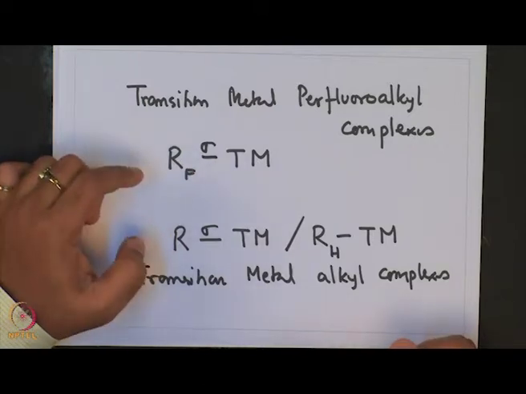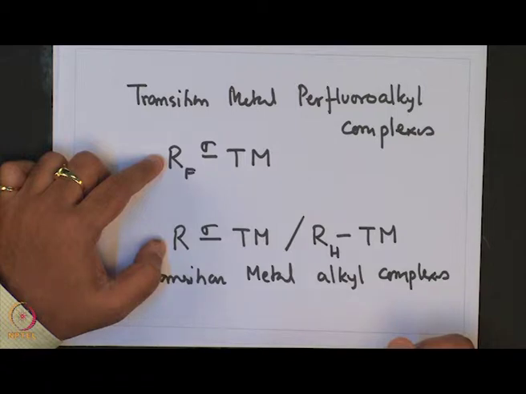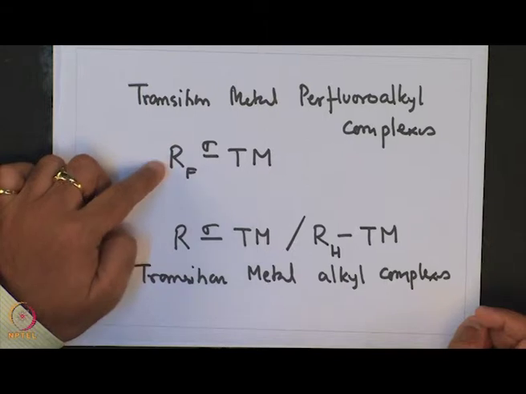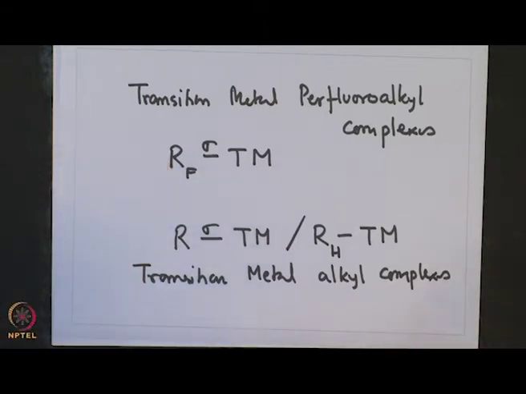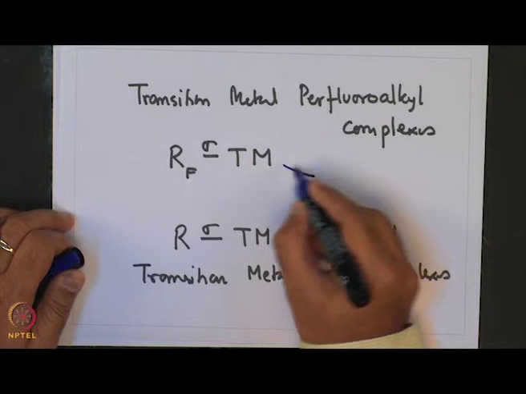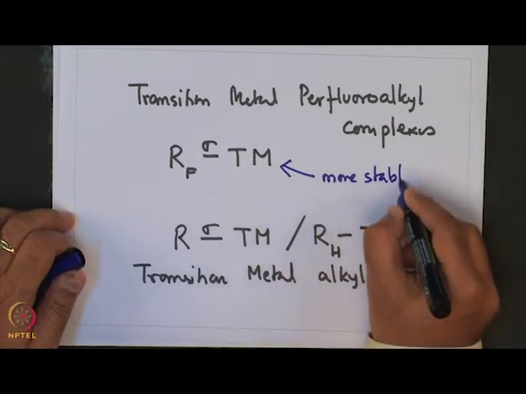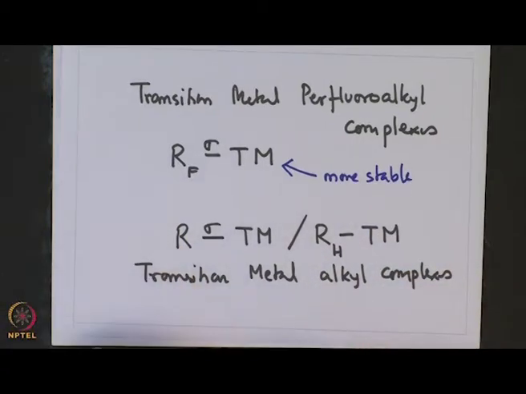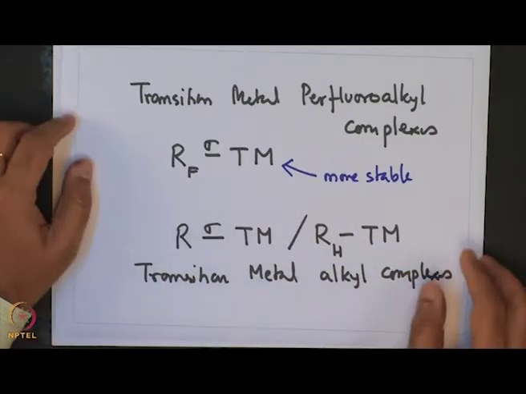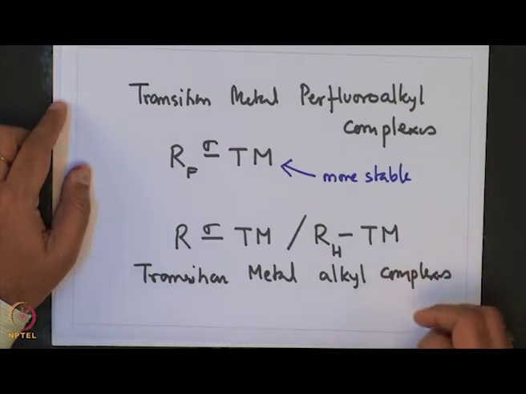One sees that they differ in their reactivity as well as in property, and that is something which is of interest and needs further discussion. One also finds that these transition metal perfluoroalkyl complexes are more stable than the corresponding transition metal alkyl complexes.